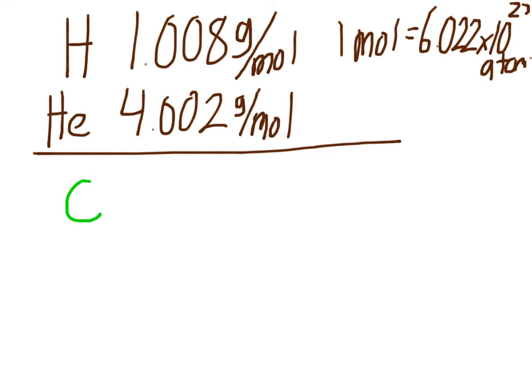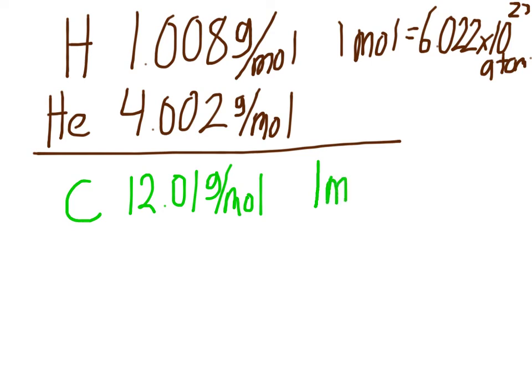You look at the periodic table, you look at carbon, and you see that its molar mass is 12.01 grams per mole. Very important that you memorize that. The units of molar mass are grams per mole. What does that mean? Like I was saying before, the molar mass is the amount of grams per 1 mole.